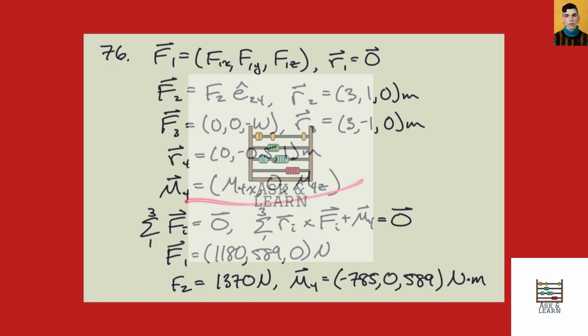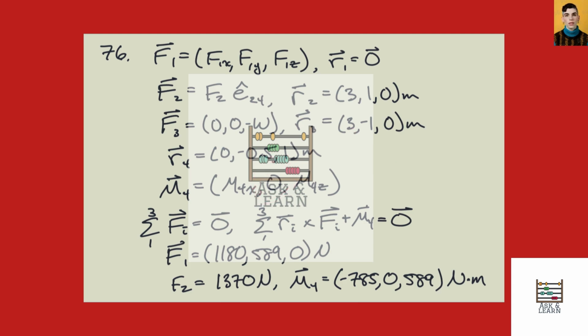And then we have moments acting at point A. And in this case, we don't have a moment about the y-axis because it's basically a hinge, and this T-bar can rotate about this axis here, which is the y-axis. So there's no moment there.